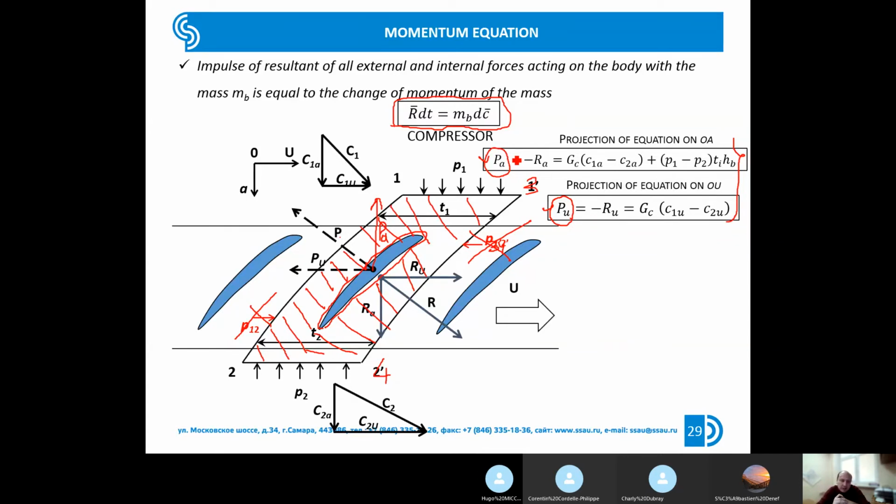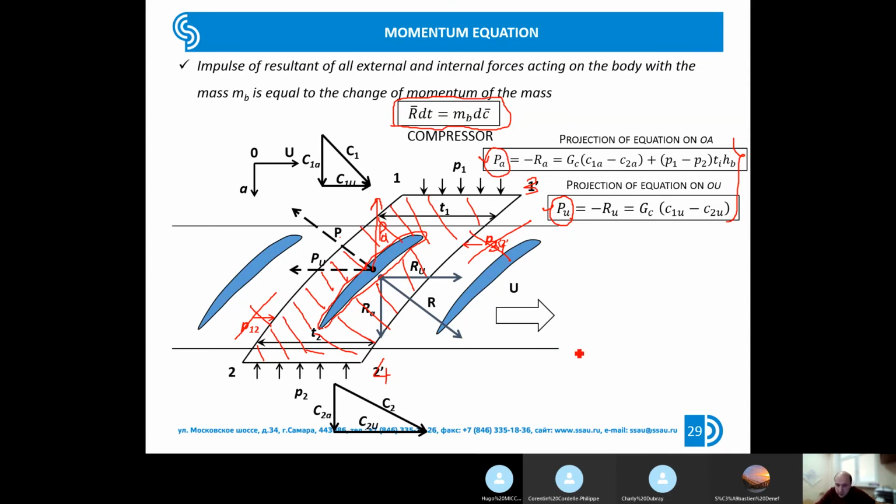It's important to determine the stresses which are produced inside the blade, and using these equations, we determine the gas forces which act on the blades. That's why these formulas are important. And the last idea, and maybe the most important idea from the momentum equation.